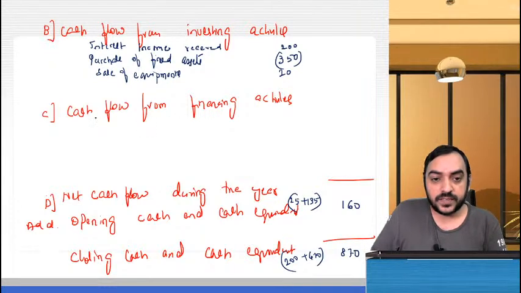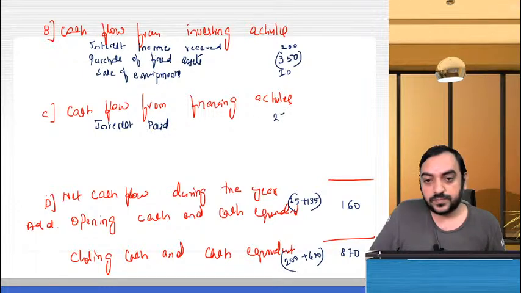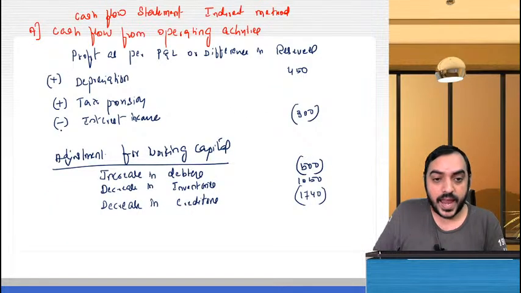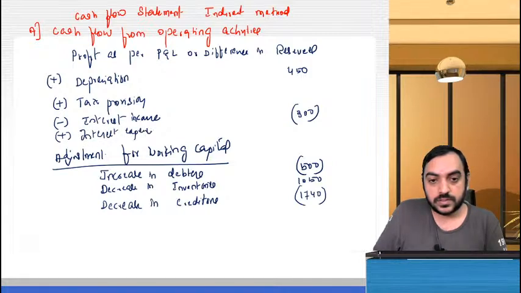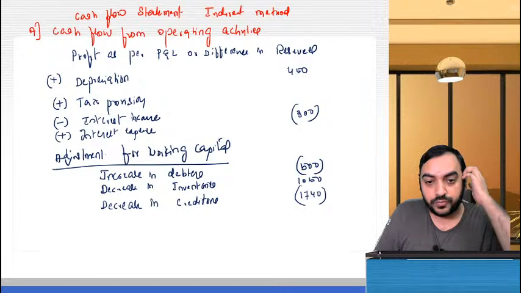Cash flow from financing activities, interest paid 270. In operating activities, I will add back interest expense 400.